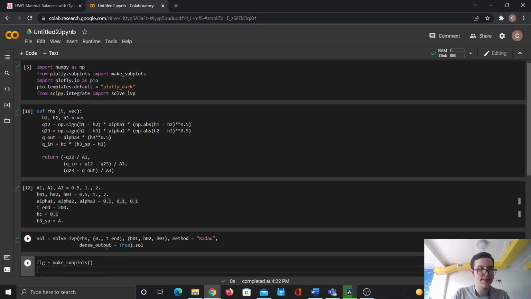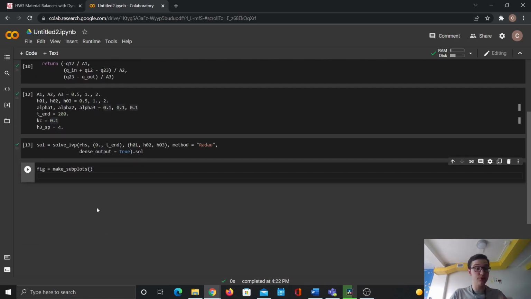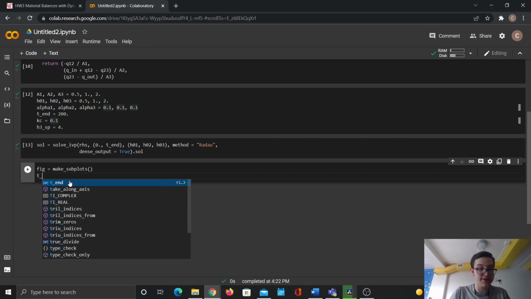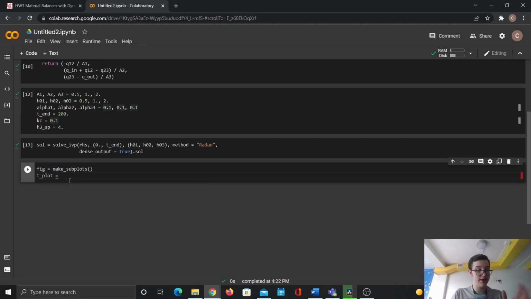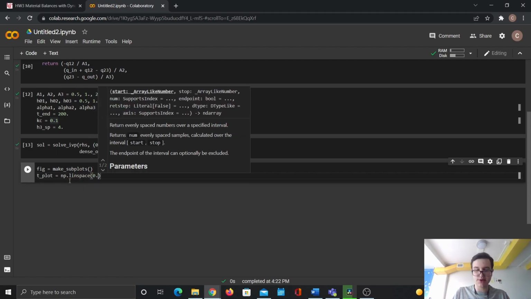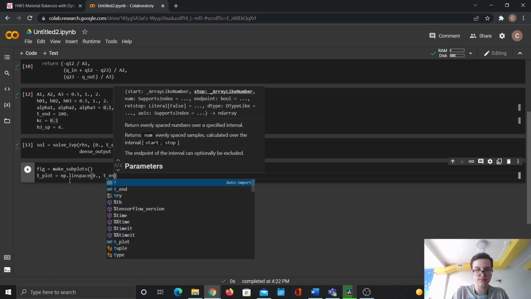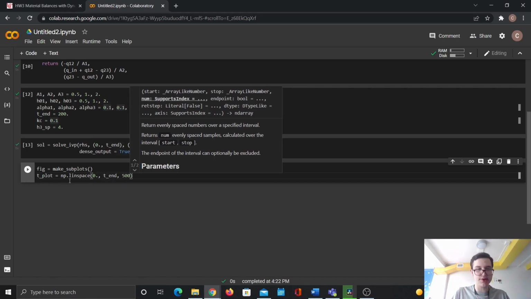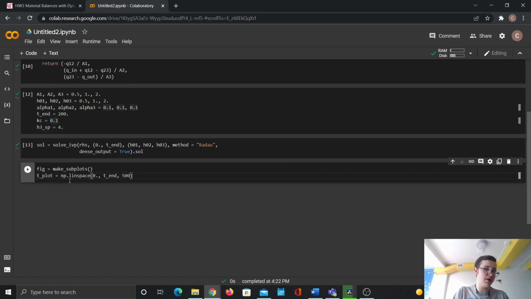Okay. Now we want to make a plot of the time, or linear amount of time, from our starting point to our t-end that we used in the sol variable in solve IVP. So we're going to be using numpy.linspace, or linear space, from 0 to t-end, and we're going to call it 500 points because, again, nice round number, lots of points, make sure that there's no big jumps there.